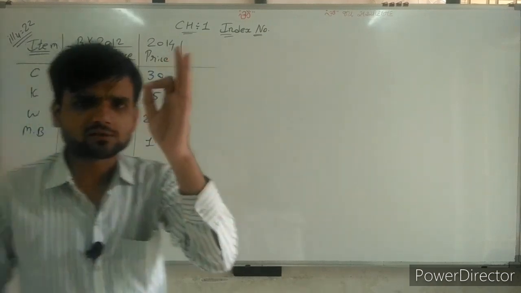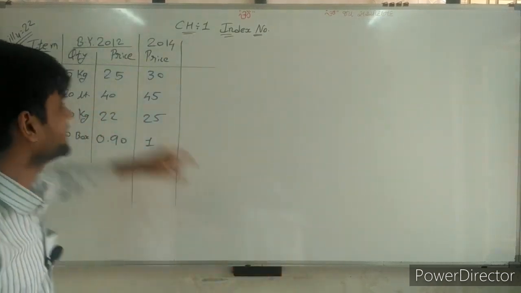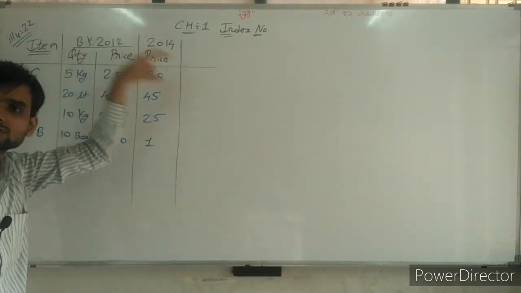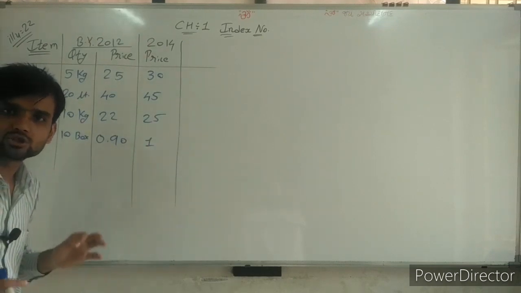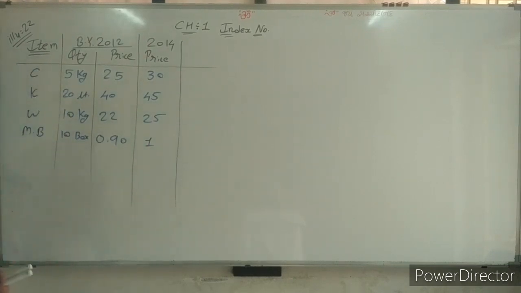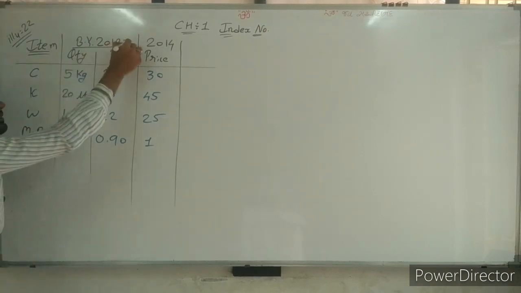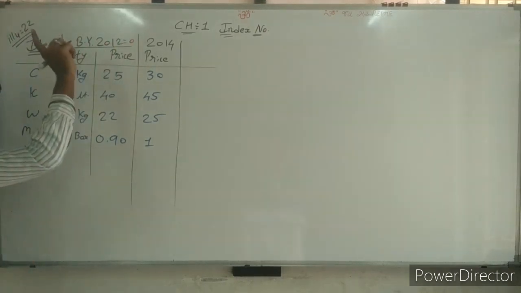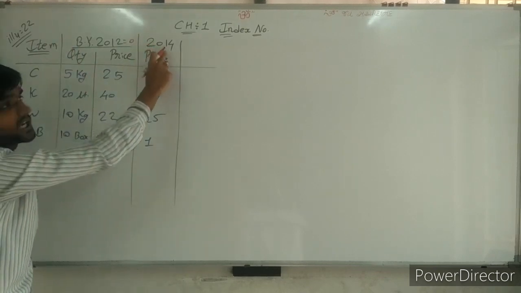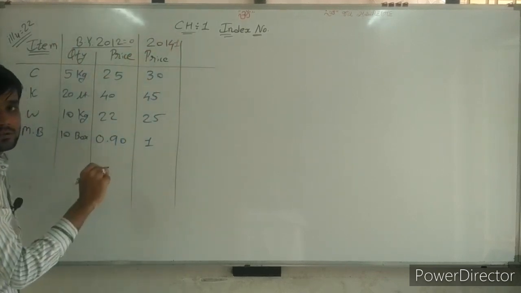Now what is Kamal sir's first step? Always write down in short. First of all, base year means 0. Current year means 1.